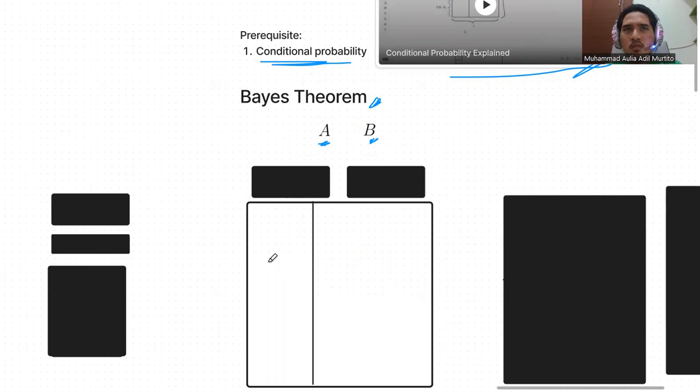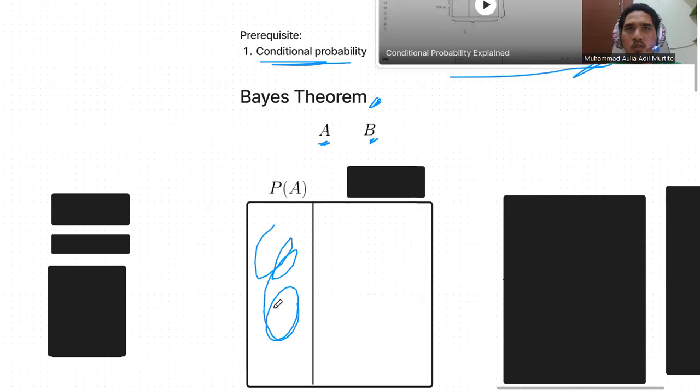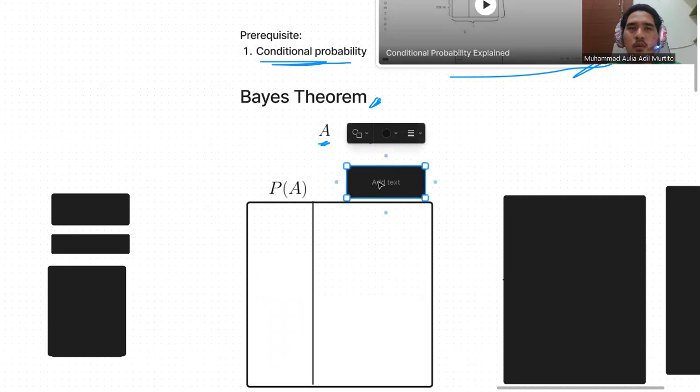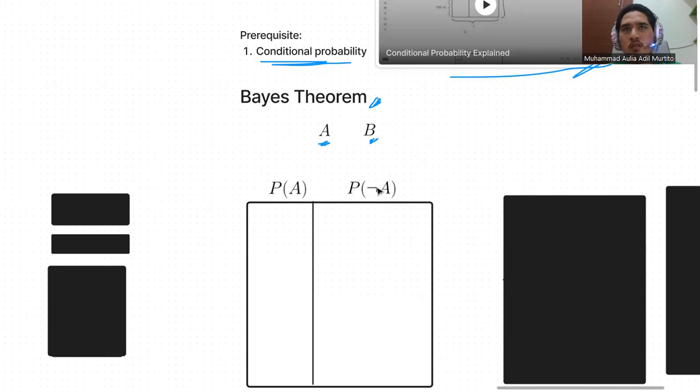This area here is A's. So the probability of event A happening is on this side, while the probability of event A not happening is on this side.